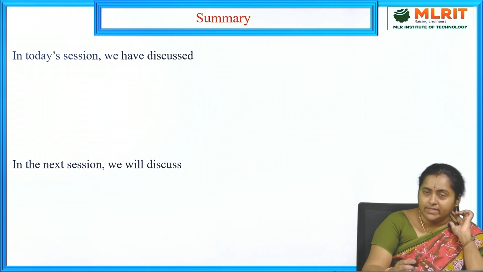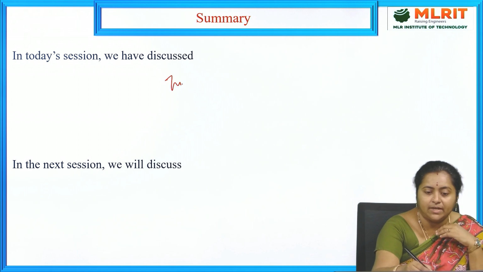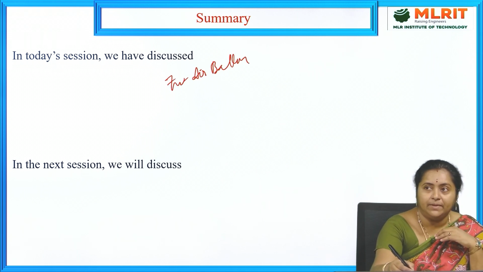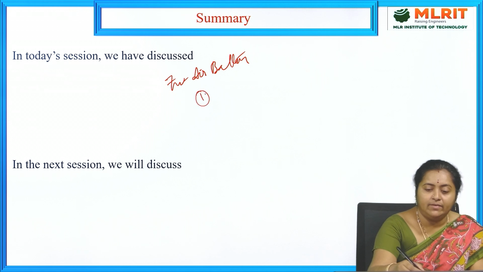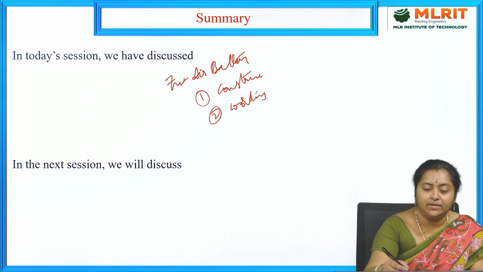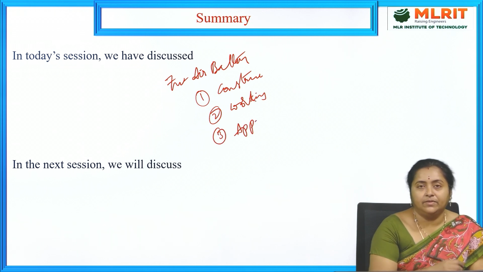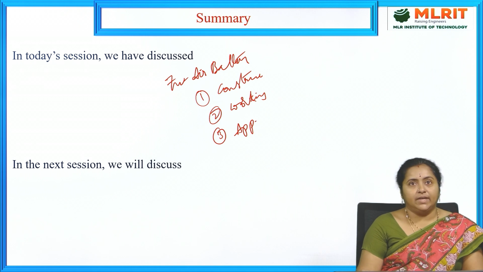So in today's session we discussed the zinc air battery. It is an example of a primary battery. We studied its construction, working, the cell reactions involved, and then the applications of the zinc air battery.